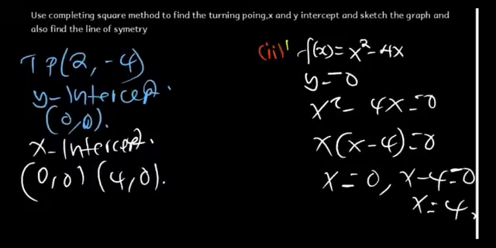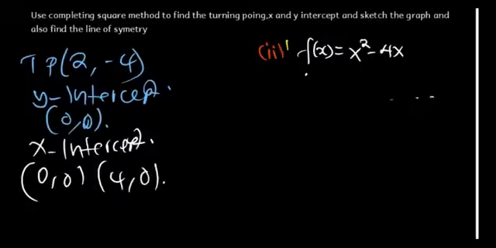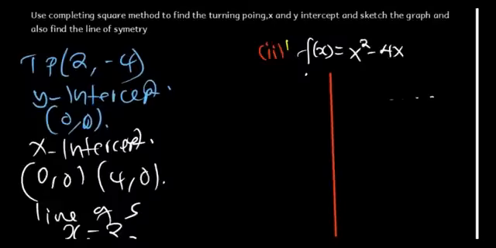After finding this, the line of symmetry, we know already that it is going to be 2 because we have to set that one equal to 0. So the line of symmetry is going to be at x is equal to 2. So to sketch the graph now, we are going to see that it is going to be like this.